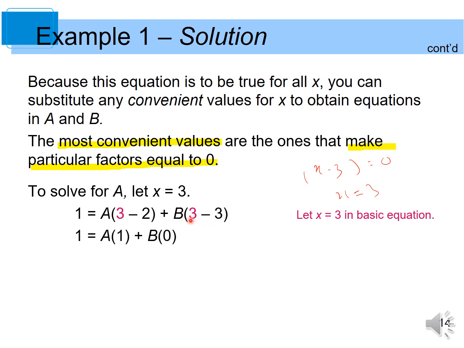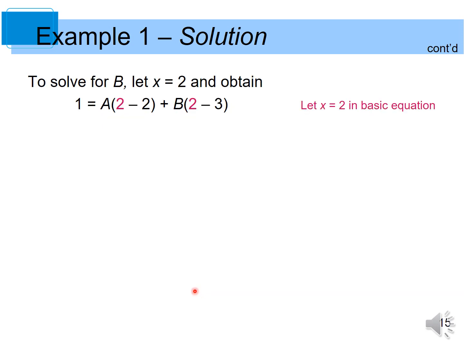Then we have one equation and one unknown only, because 0 times b is 0, so we can solve for A. To solve for B, let x equal to 2, and you can see this factor equals 0. Again we have only one unknown, so we can solve for B, and B is negative 1.